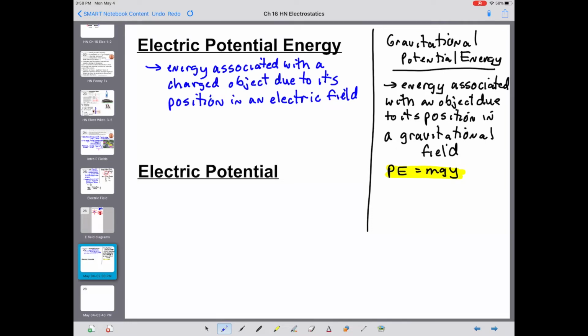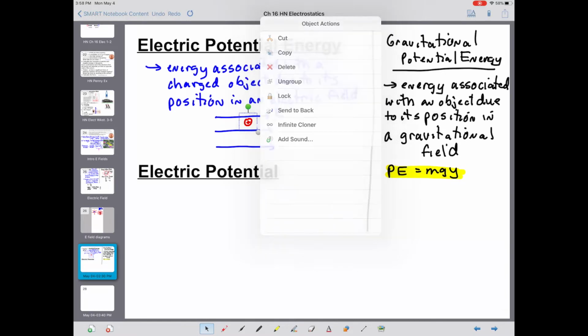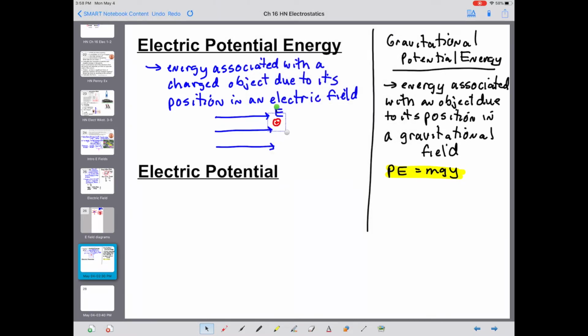If I have, say, an electric field that is in that direction, and I take a charged object, like my positive object right there, well, the same way that if I had a tennis ball and I released it, it would want to fall towards Earth and follow the gravitational field lines, if I release this positively charged object, it's going to want to move in the direction of those field lines.